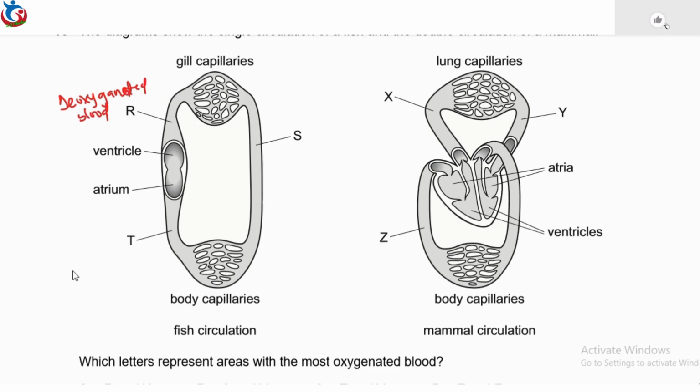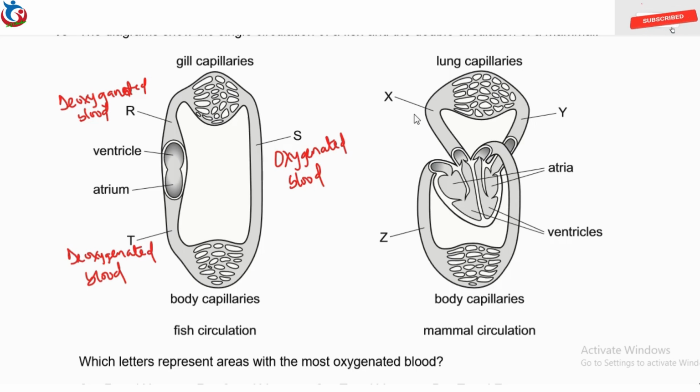This one as well is the vein, and it contains deoxygenated blood from the body to the heart. While this S, from the gills, the blood becomes oxygenated. So we have oxygenated blood here, and we'll call this the dorsal aorta.